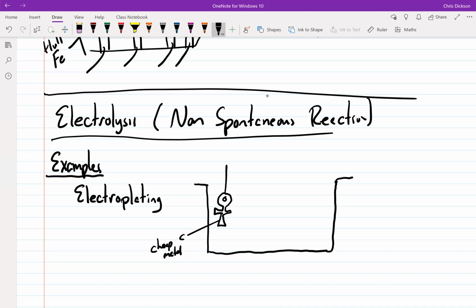And so what I'm going to do is attach a wire to it, and attach it to a DC power source, so a battery or electrochemical cell. And over on the other side, I'm going to have a rod of another metal that actually is quite expensive, or at least it looks like an expensive metal. So this would be in a solution.